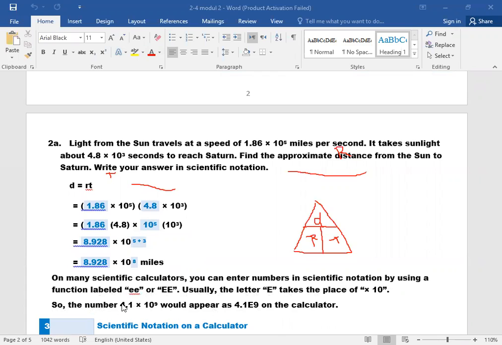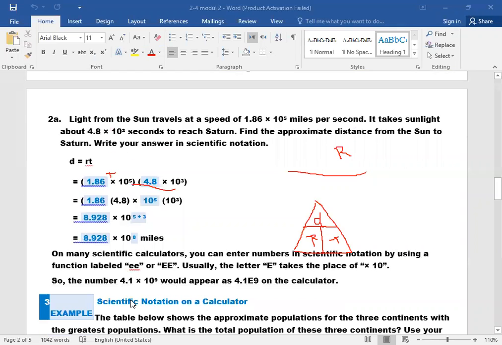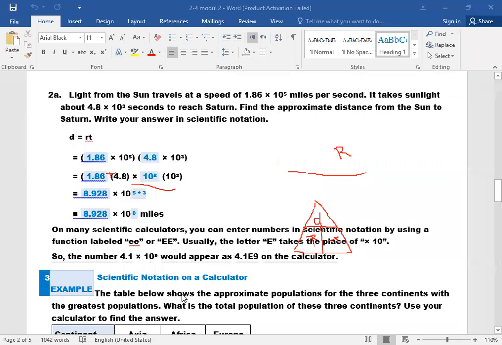The number 4.1 times 10 to the power of 9 would appear as 4.1, and instead of 10, I'm going to write E, and then I will write the exponent after it, 9, on the calculator. That is how you write a number in scientific notation on a calculator.